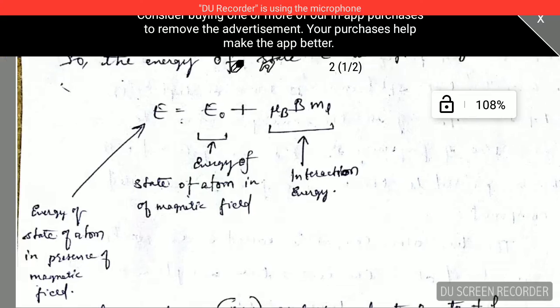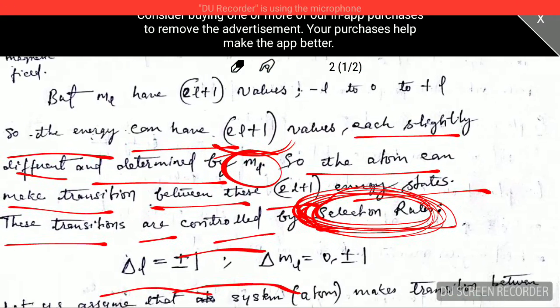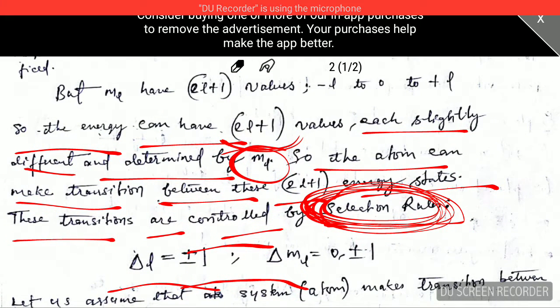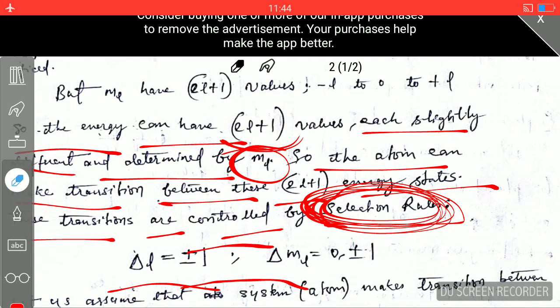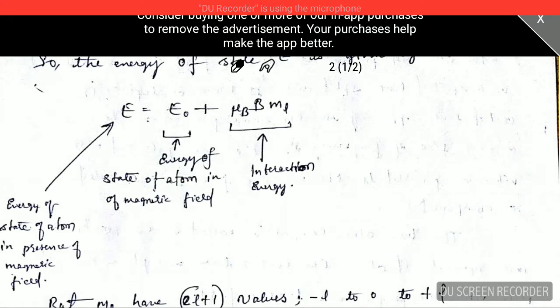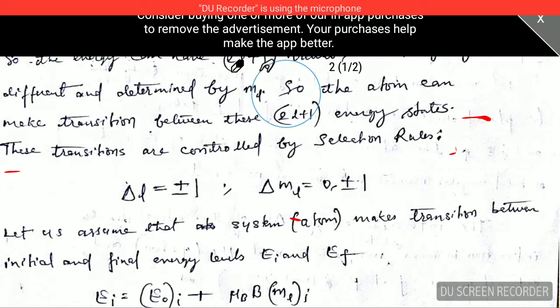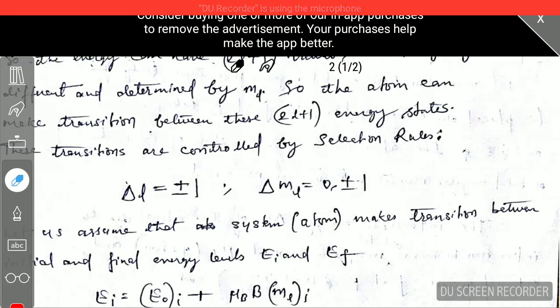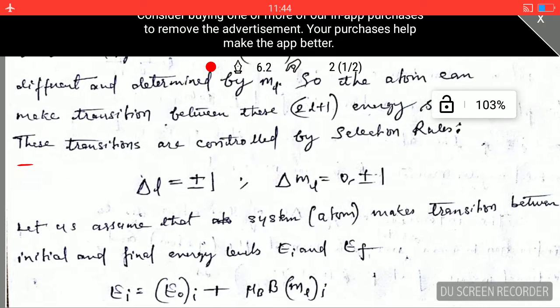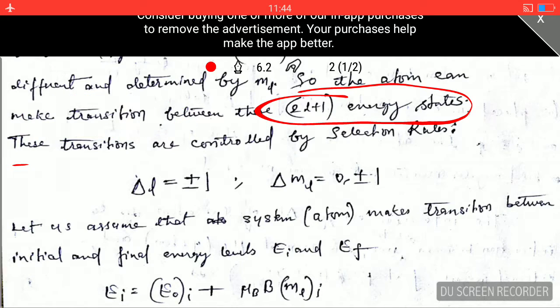So now you have understood that there are 2l plus 1 energy states, and the atom can make transitions between these energy states.